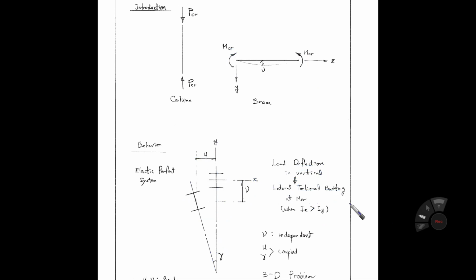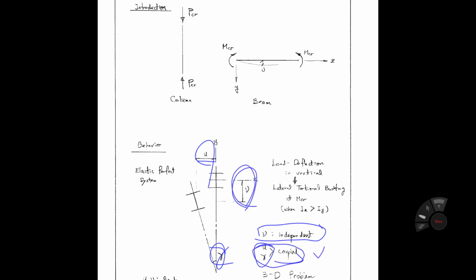As you see here, V, the vertical displacement, is independent from U and gamma. If U occurs, gamma must occur. So U and gamma are a coupled problem, but the vertical direction, V, is independent from U and gamma, okay?